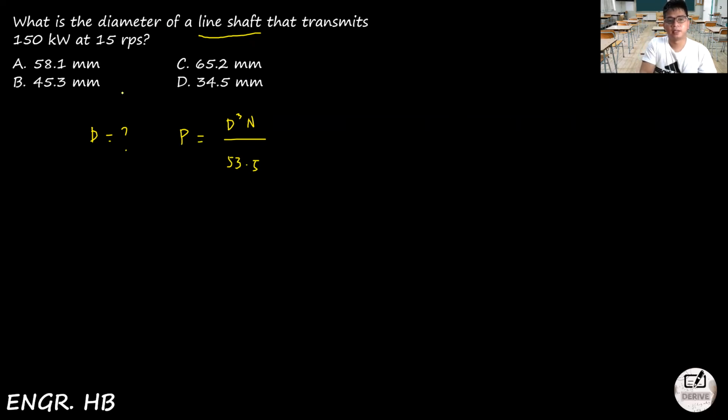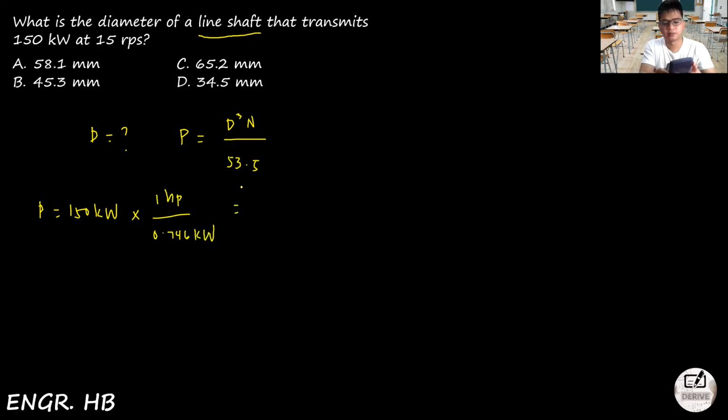So meron namang given na 150 kilowatts. And syempre kagaya ng first question, we need to convert it to horsepower first. So 150, in every 1 horsepower, there's 0.746 kilowatts.